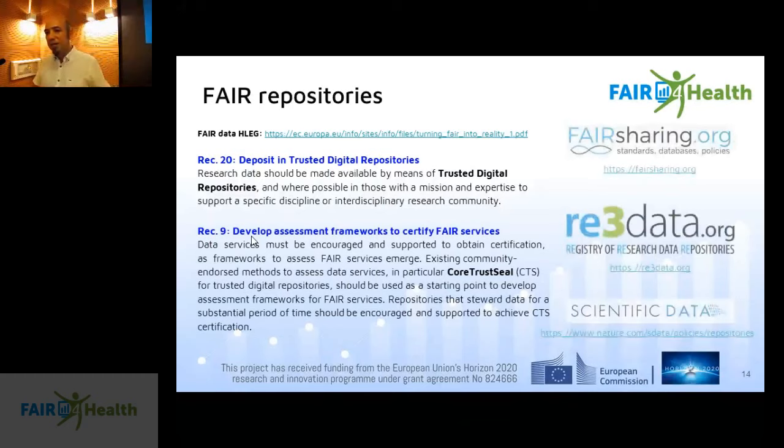Some of the repositories where you could find datasets useful for health research are shown in the slide, such as FAIRsharing and re3data, and you also have a list in the Scientific Data journal, which is part of the Nature editorial line. You will have a more detailed list about health data repositories.